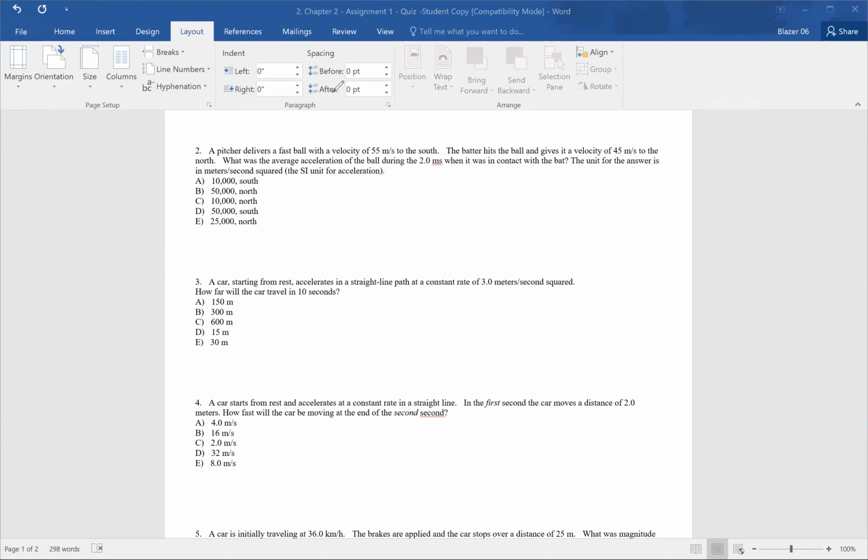Okay. Number 2. Again, we want to identify what is given in the problem. A pitcher delivers a fastball with velocity 55 meters per second to the south.